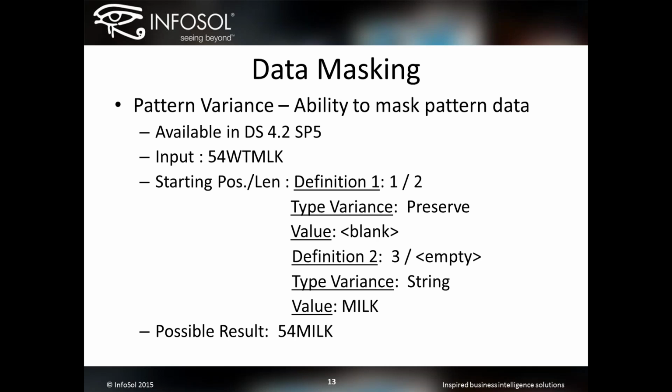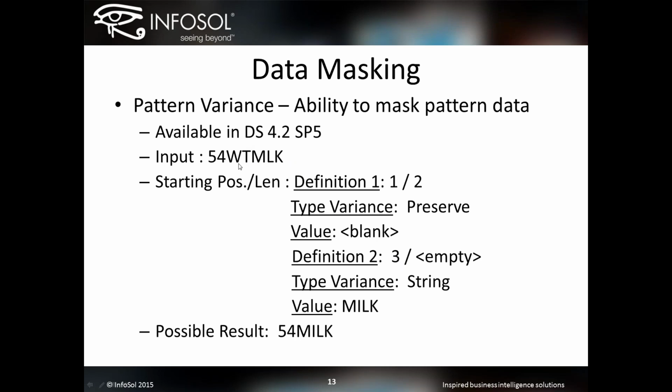And here's another way. If we have this input 54WTMLK, we can set up multiple definitions on this input. The first definition, in position 1 for a length of 2, we're going to preserve, and we're not providing any value. So we're just preserving the 5 and the 4 in the output. The second definition is position 3 to the end.